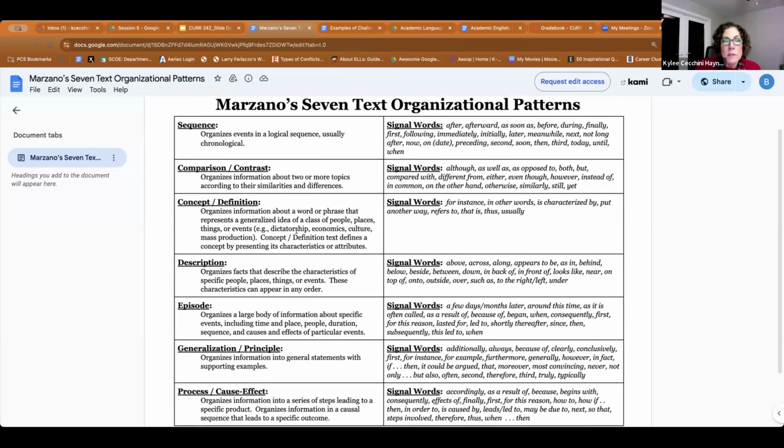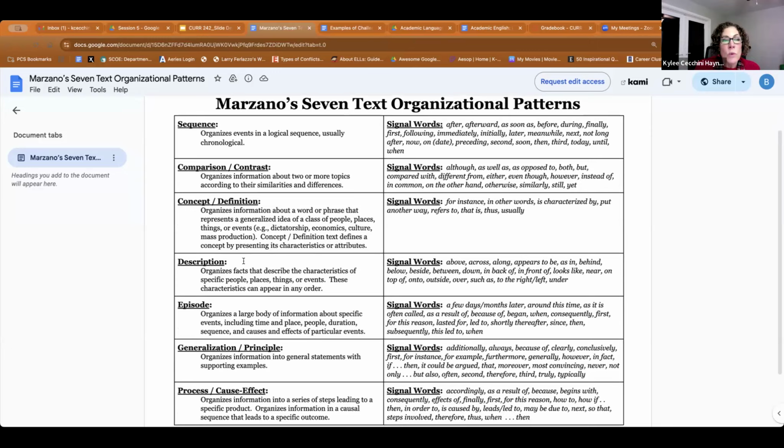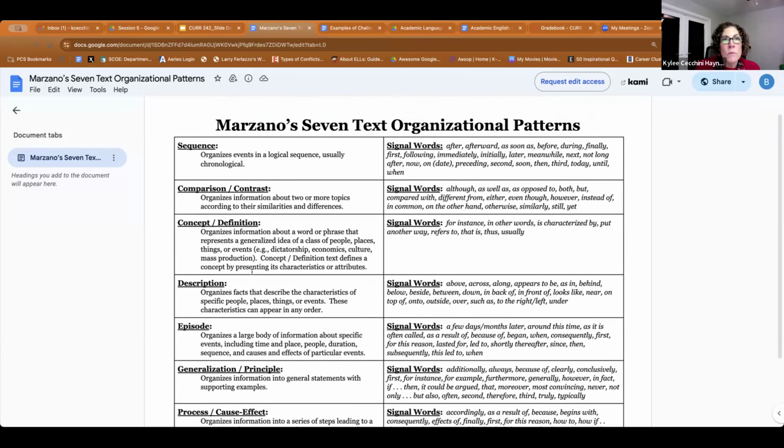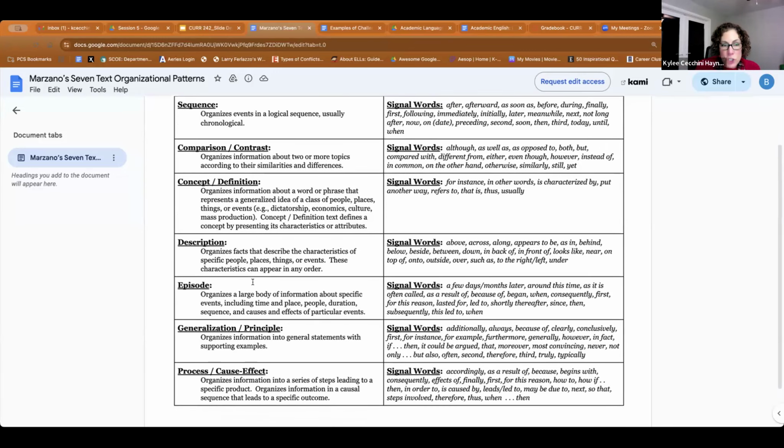So concept, definition, description. So when we think about language function versus the discourse, a description might be a descriptive paragraph that the student's going to write. They're going to write a description of what happened in the lab when they observed something.